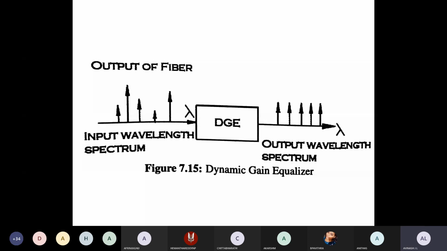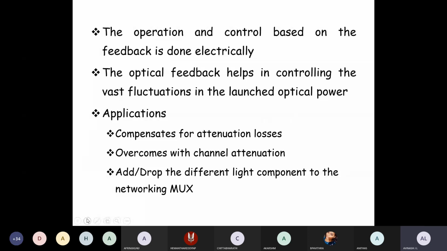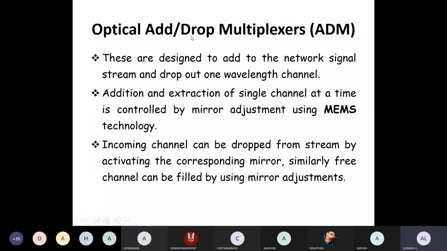Next are optical add or drop multiplexers. This is today's topic we will discuss. So what is this particular optical add/drop multiplexer? Optical signals will get added or will be dropped.